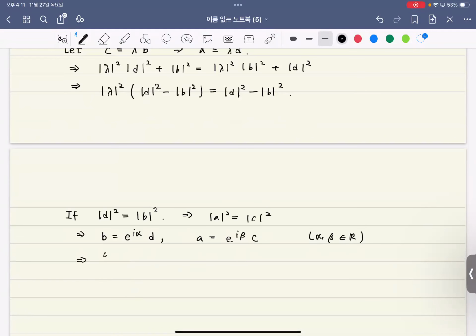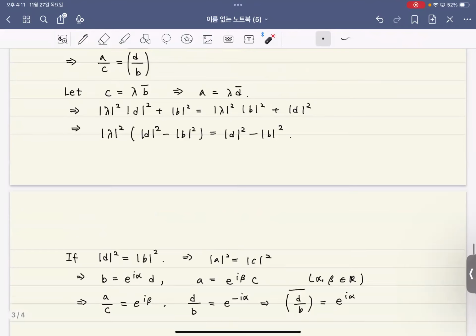So A over C is e to the I beta, and D over B is e to the minus I alpha, and taking the complex conjugate, e to the I alpha, right?